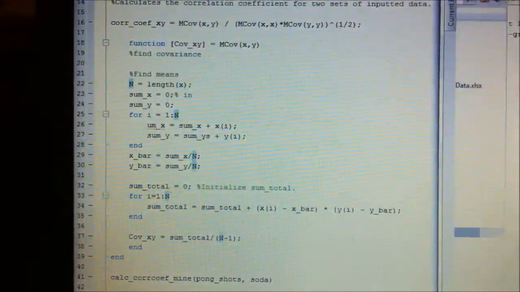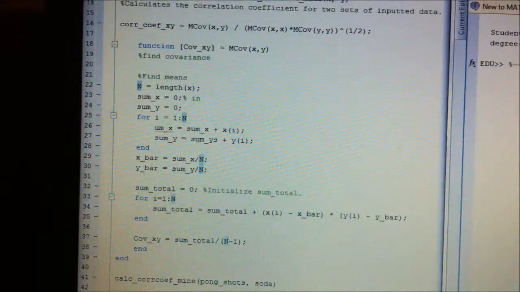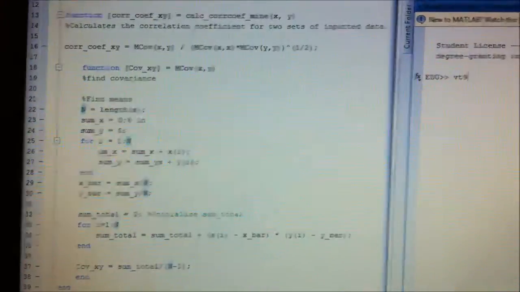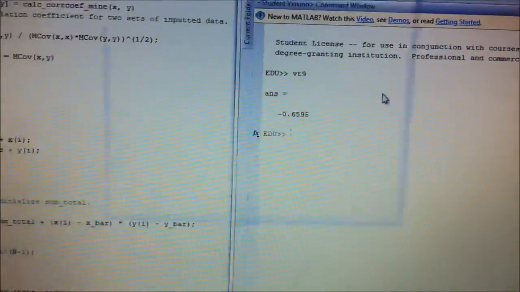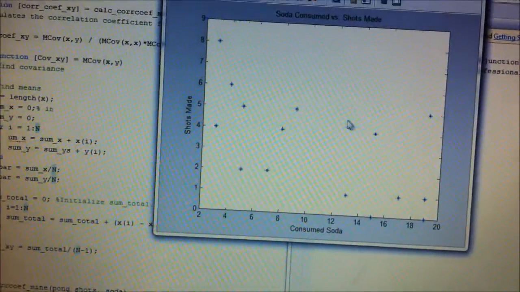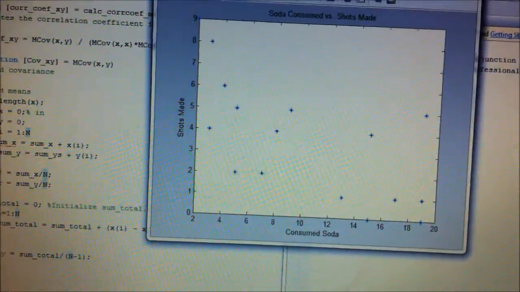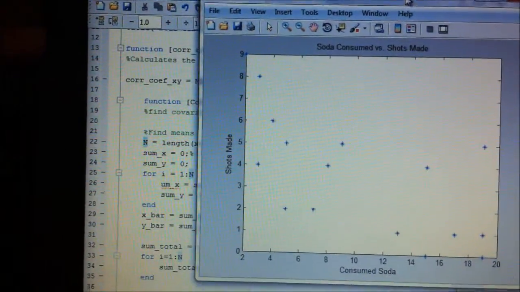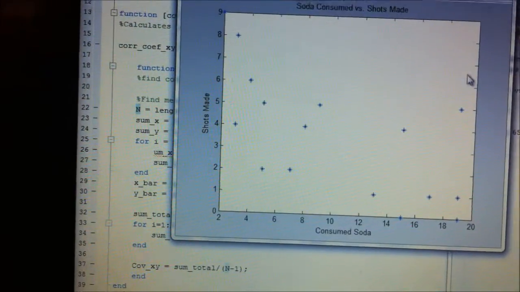Here I will show you what happens when we run this function, which is called VT9. And here's the first scatter plot. This is the correlation between the amount of sodas consumed versus the shots made.